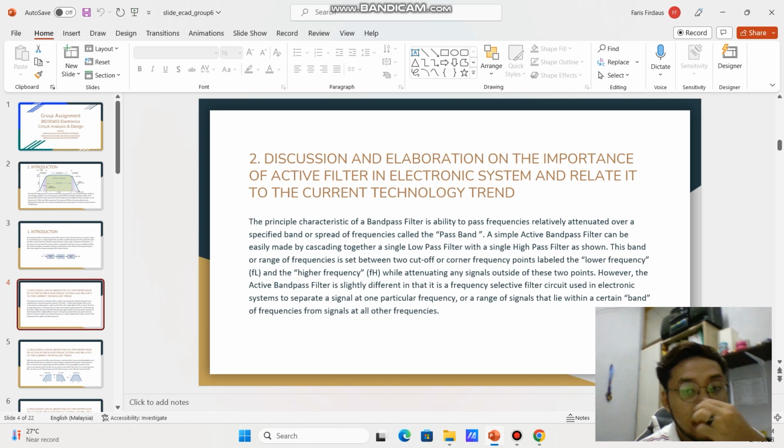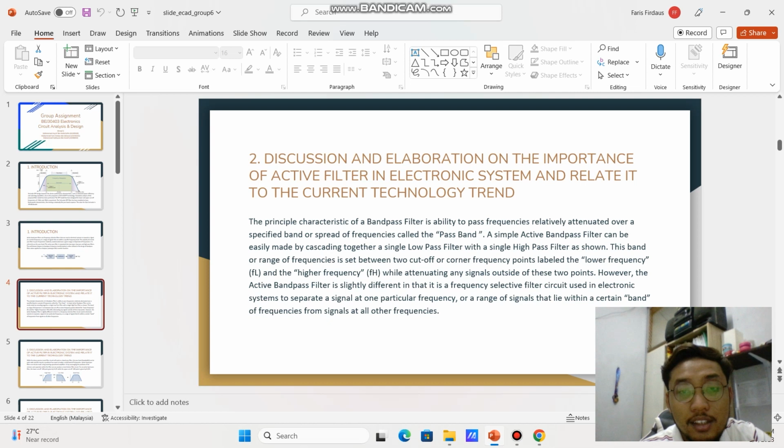So for the discussion and elaboration on the importance of active filters in electronic systems and relating it to the current technology trend, the principal characteristic of a bandpass filter is the ability to pass frequencies relatively unattenuated over a specific band and spread of frequencies called the pass band.